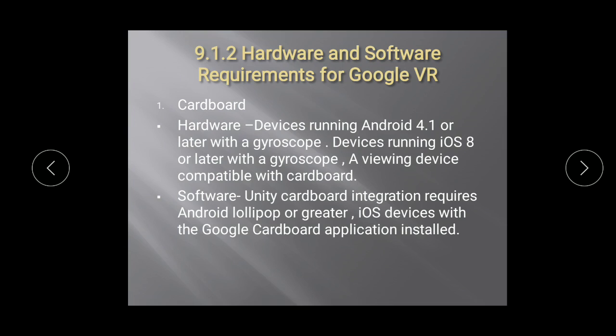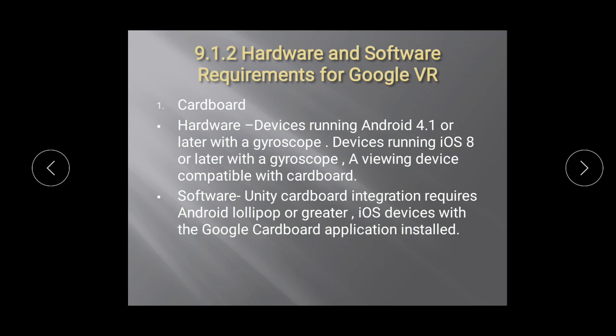So a viewing device, that is your camera, lenses, your headsets, the head component which can be put onto your head just to view, that is your headset, or a movement controller which is used. Then is software.